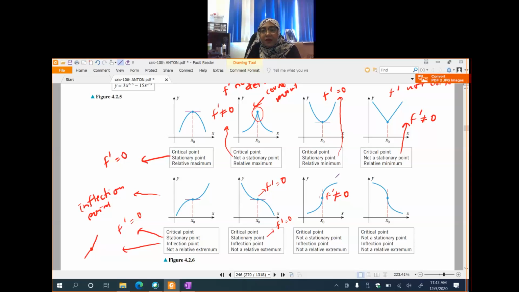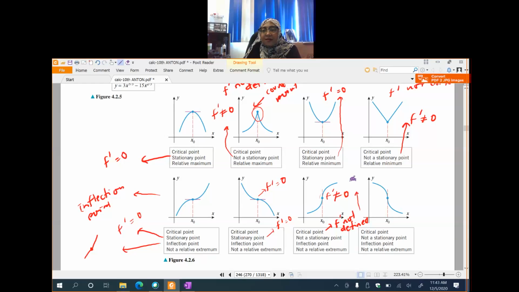Right? It's a critical point. What happened to the value of f prime? F prime is not defined for this point because it has a vertical tangent.